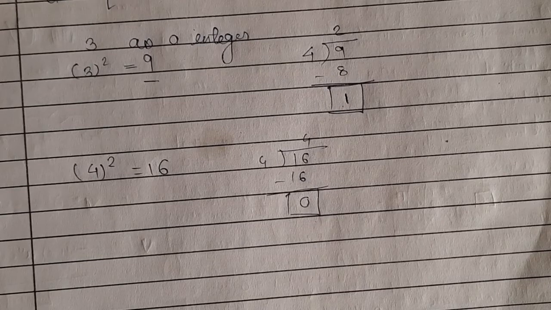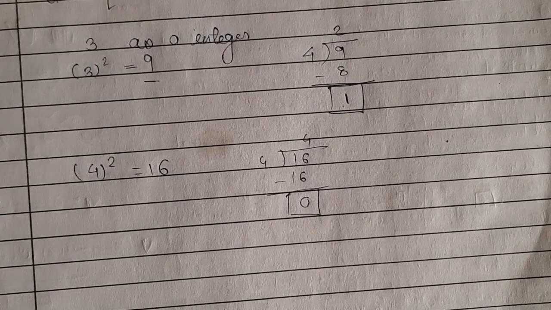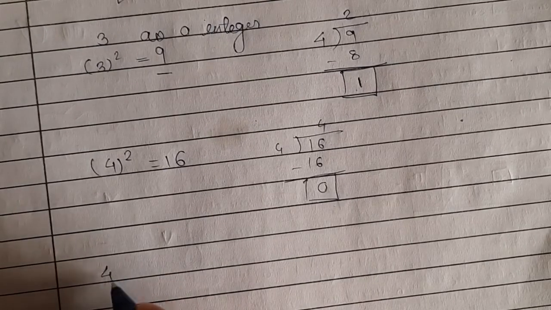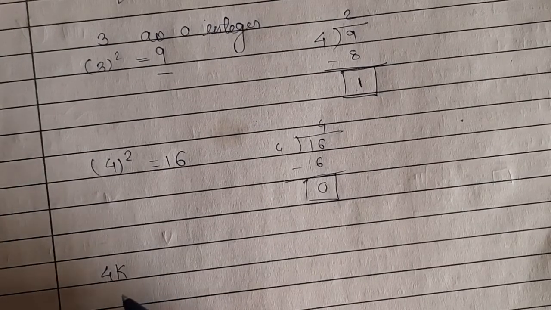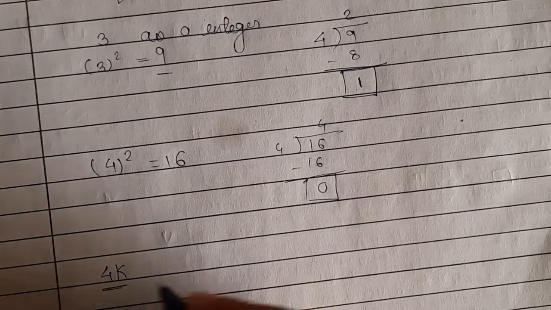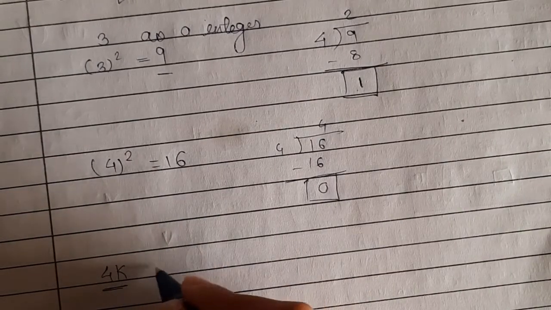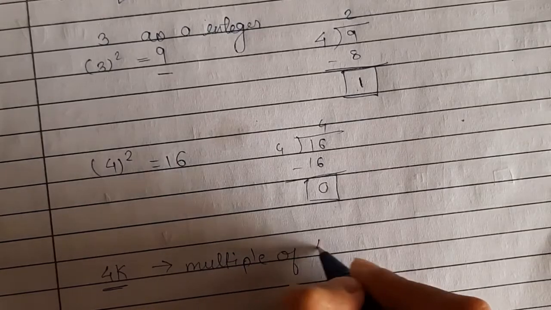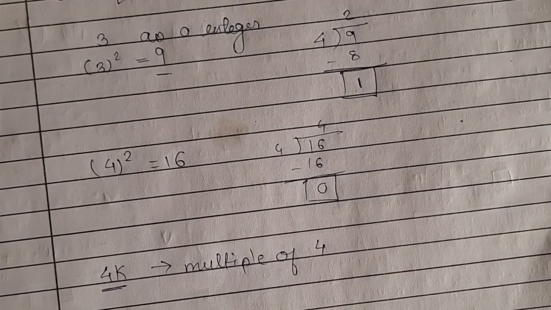Let us first see what numbers we should take. They have given us 4, the number is divided by 4. So first we take 4k. Why 4k? Because 4k means a multiple of 4. You remember in the division algorithm, we took an infinite series of multiples of d.